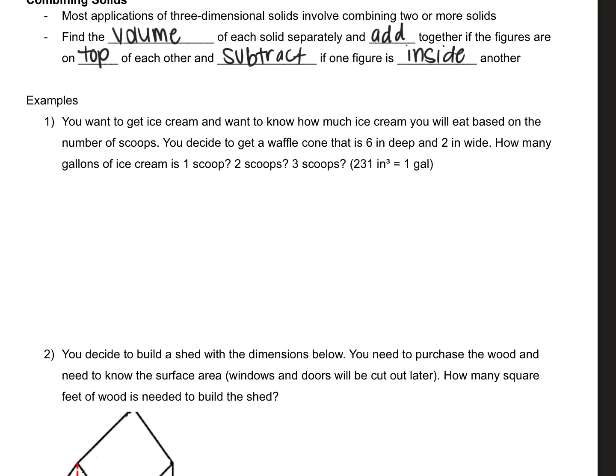So we know the volume for a cone is 1/3 pi r squared h. So we'll have 1/3 pi. Now the cone itself is 2 inches wide, which means the radius is 1, times our height, 6.